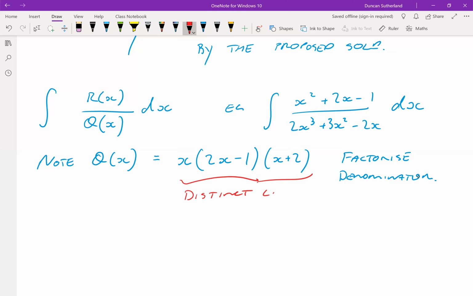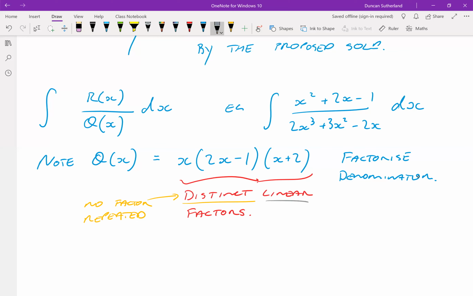Distinct, linear. Okay, so distinct means no factor is repeated.